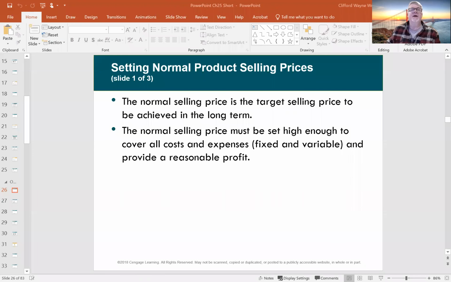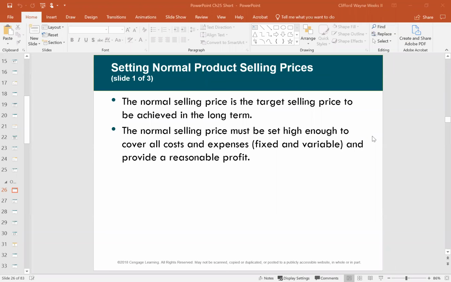Let me get rid of my picture so that you don't look at the ceiling as I'm writing on this. All right, so setting normal product selling prices. Normal selling price is a target selling price to be achieved in the long term. So really we're not looking at short-term fluctuations.